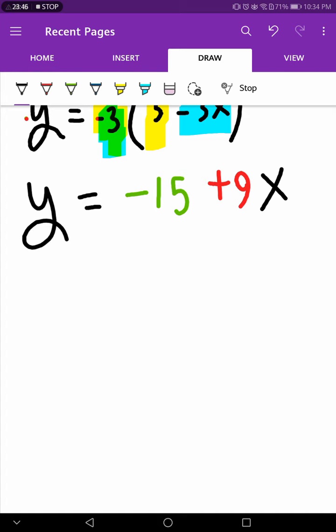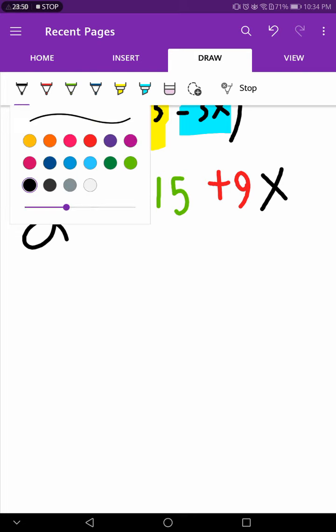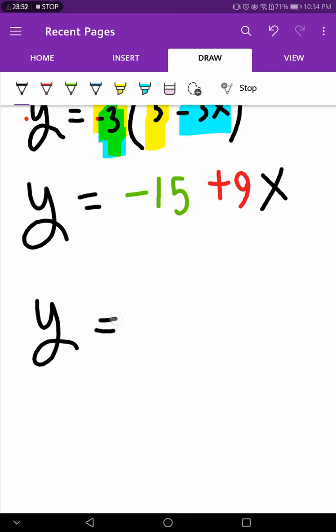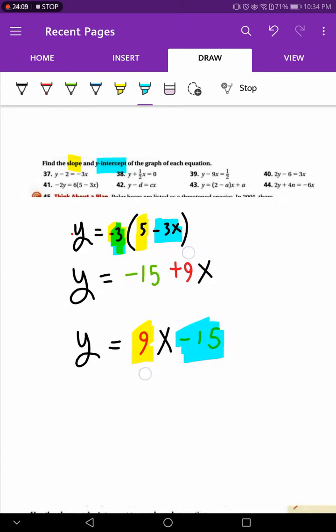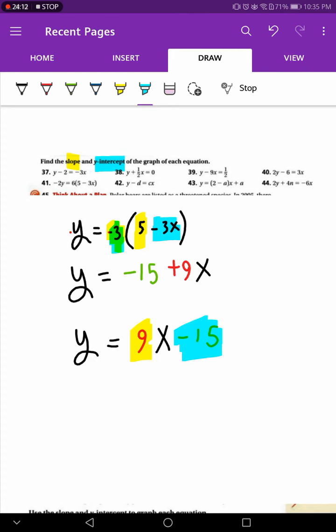I can rearrange it and rewrite it: 9x, I put it in the front, no matter, negative 15. And as you know, this is the m and this is the b. Okay, my dear student, are you happy now? I hope so.